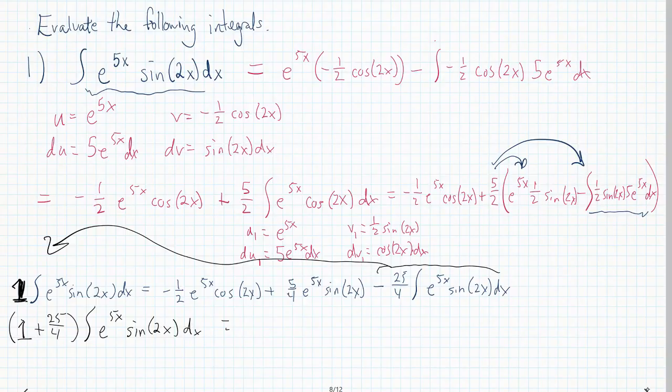That should equal negative 1/2 e to the 5x cosine of 2x plus 5/4 e to the 5x sine of 2x.